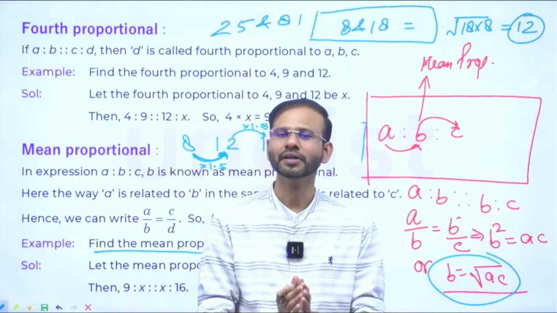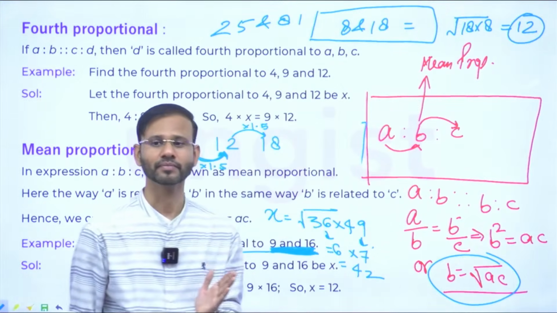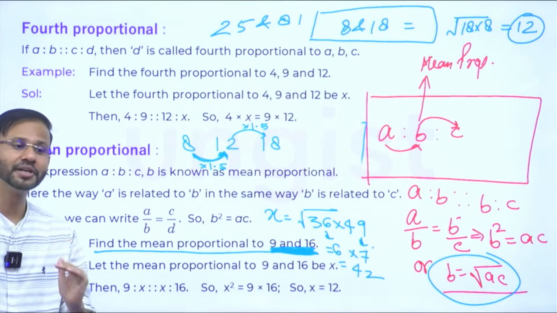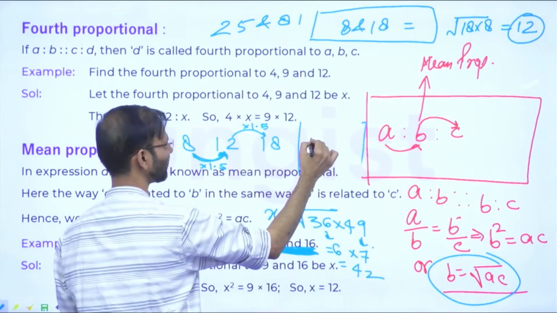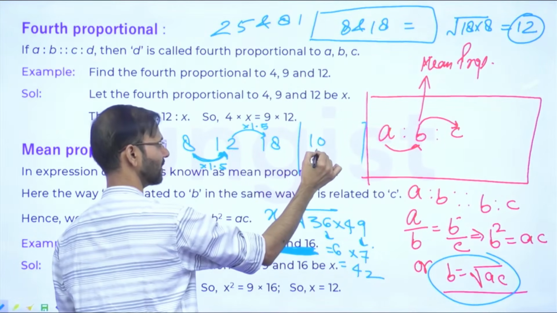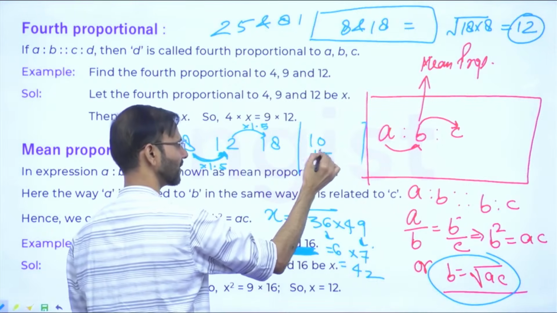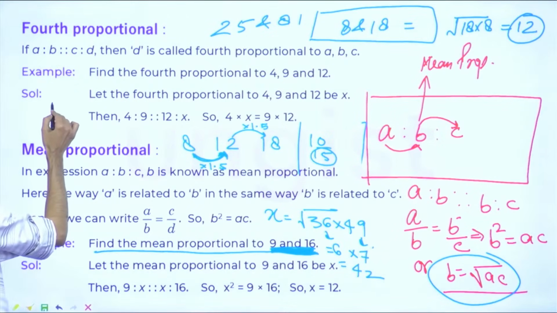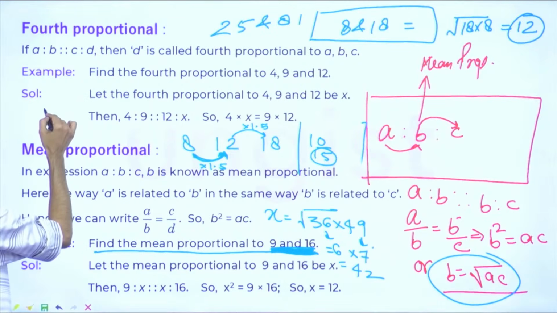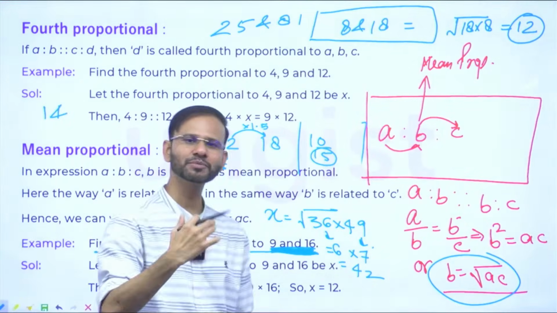You just add half of the number to the number itself. For example, you need to find 1.5 times of 10. Half of 10 is 5. You just add 5 to 10. You will get 15. I repeat once again. Suppose you need to find 1.5 times of, let's say, 14. 1.5 times of 14 will be what?